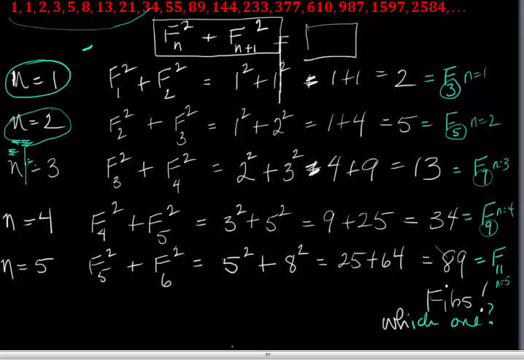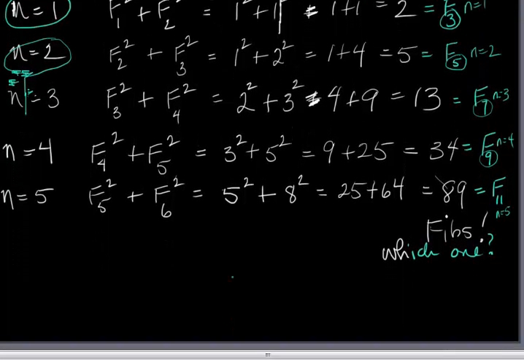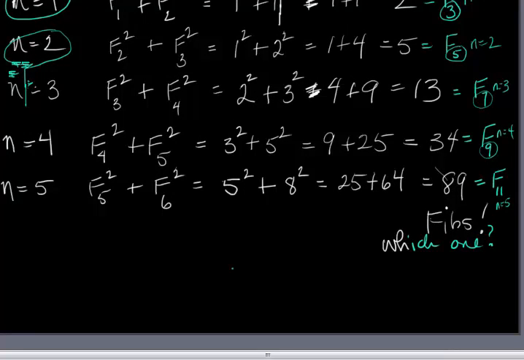So the way I would look at this is I would try to find a formula there in terms of n. Notice if you double the value of n and add 1, you get the number. 2 times 1 plus 1. 2 times 2 is 4 plus 1 is 5. 2 times 3 is 6 plus 1 is 7. 2 times 4 is 8 plus 1 is 9.